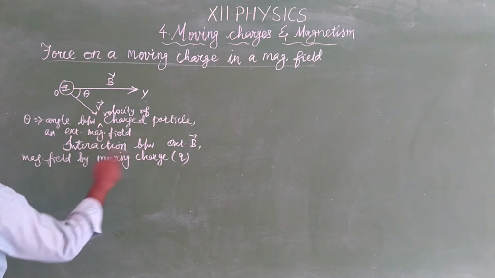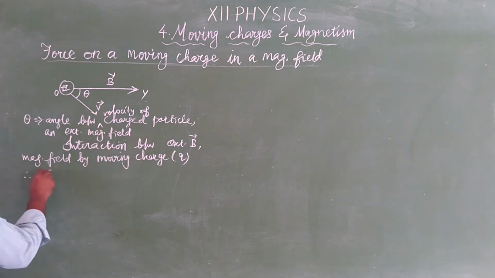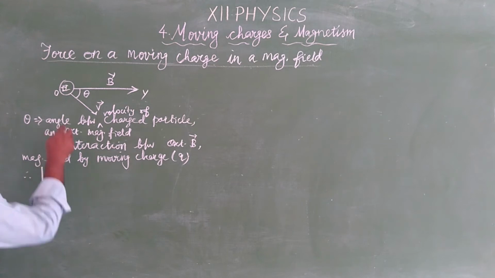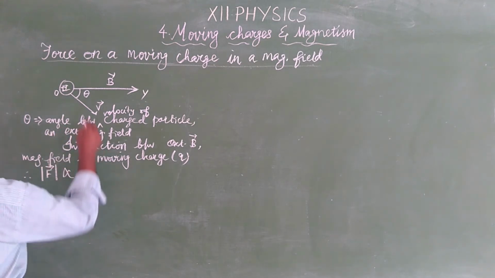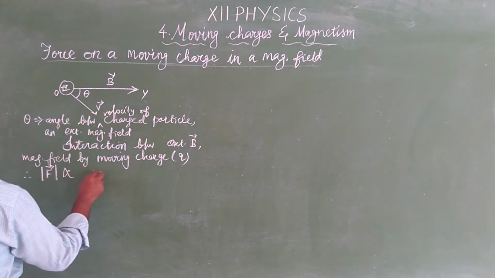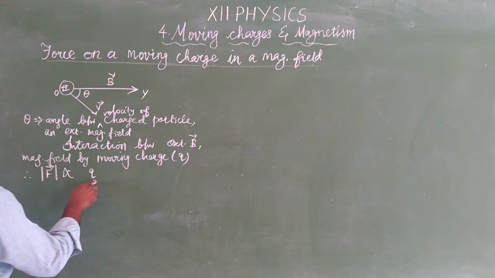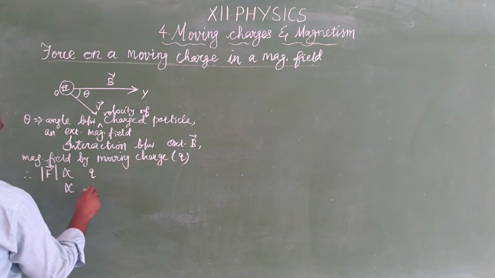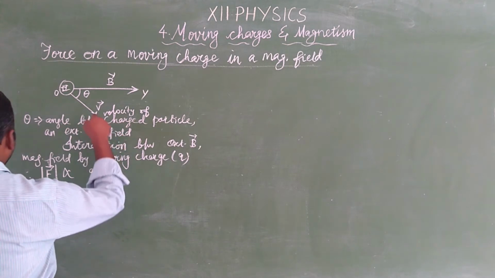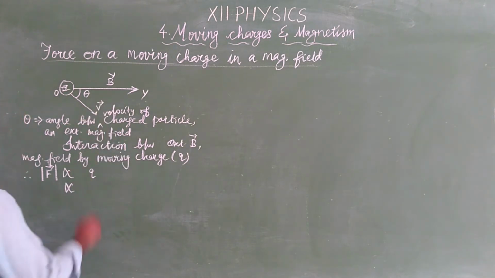So the magnitude of the force experienced by this moving charge is proportional to the magnitude of the charge, that is Q, and also proportional to the velocity component vector acting perpendicular to the direction of the magnetic field.